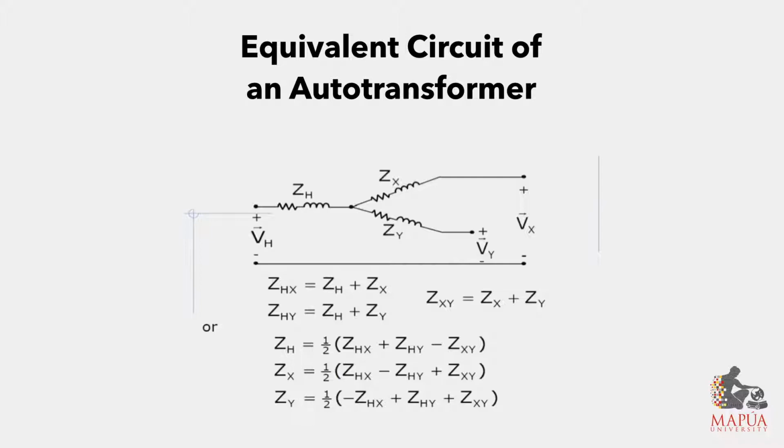From here, we can generate formulas solving for ZH, ZX, and ZY. ZH is equal to 1/2 multiplied by the quantity ZHX plus ZHY minus ZXY. For ZX, that is 1/2 multiplied by the quantity ZHX minus ZHY plus ZXY. And for ZY, that is equal to 1/2 times the quantity negative ZHX plus ZHY plus ZXY.